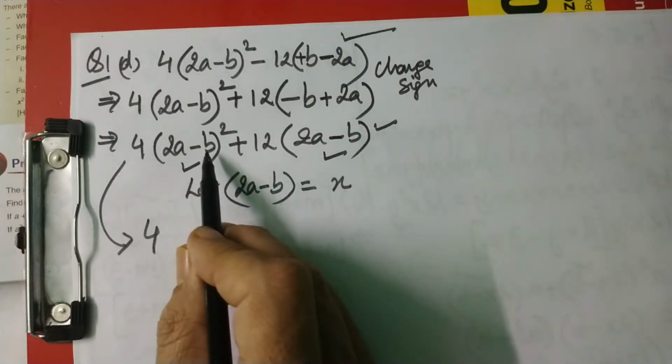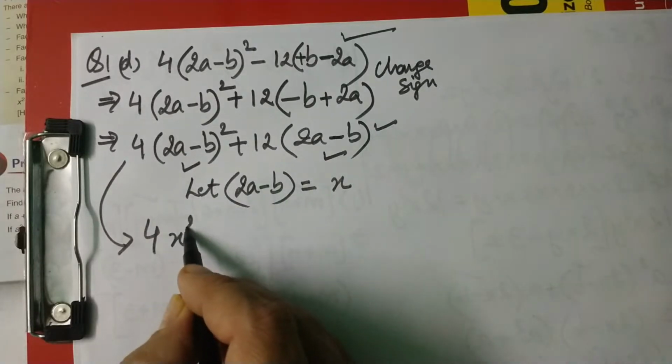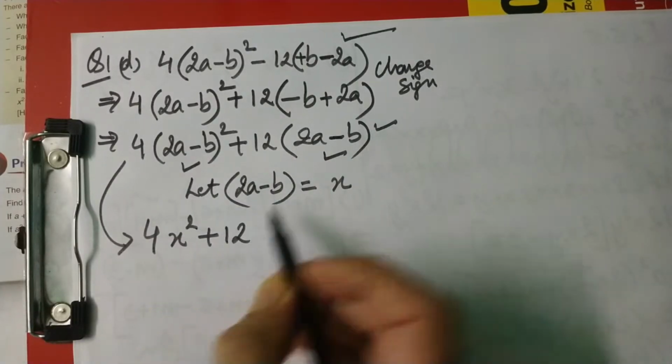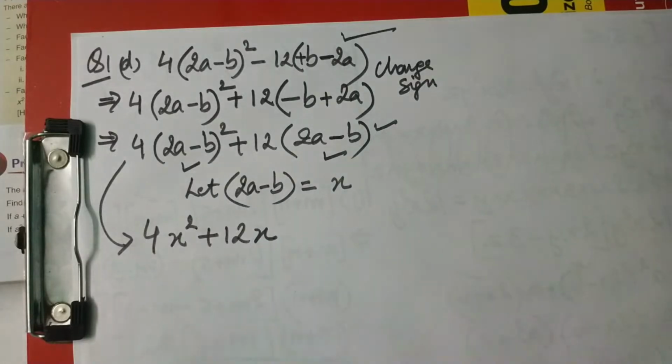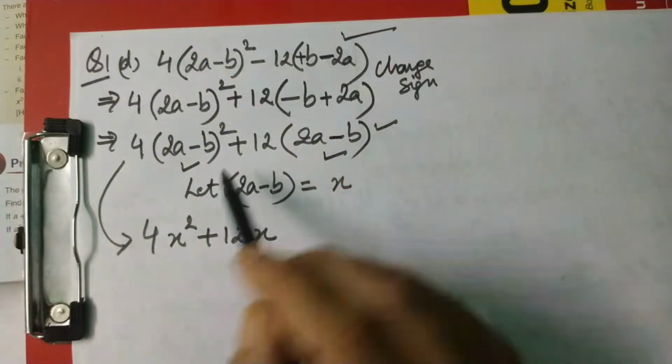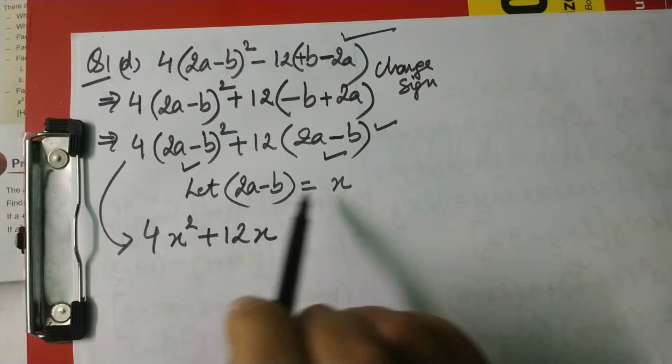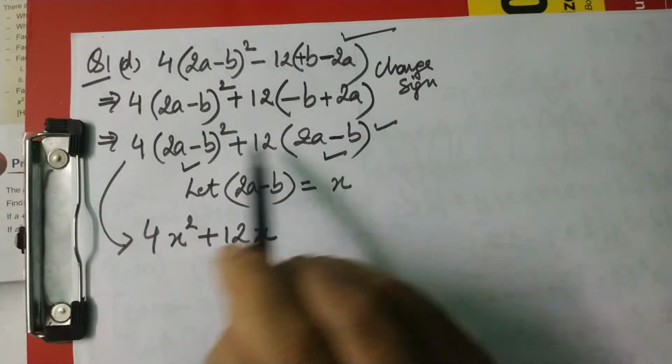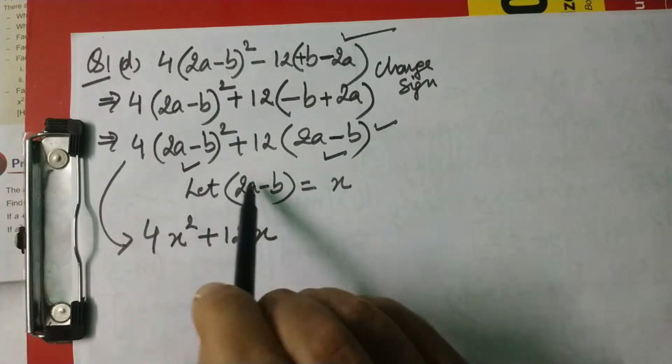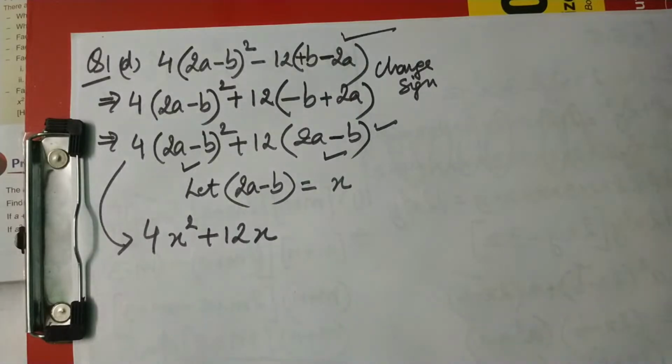So in place of this, if I write x, it will become 4x² and plus 12, and this will be x. This is also 2a minus b, so they become x. Now the question becomes 4x² + 12x.